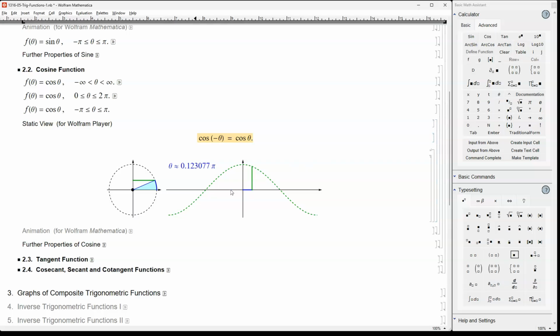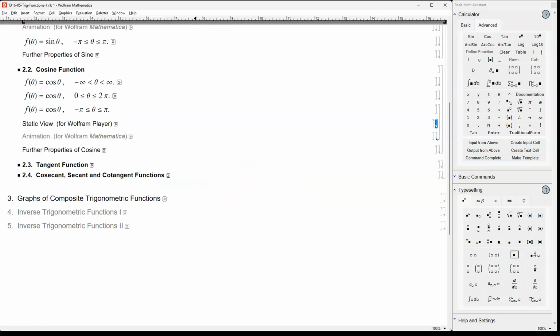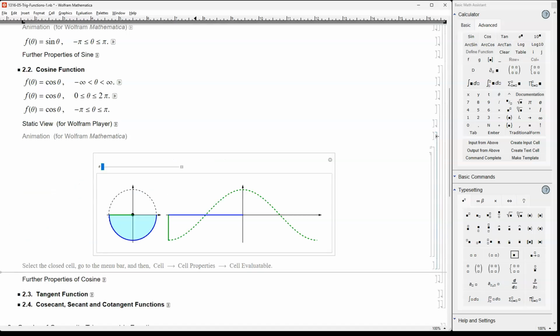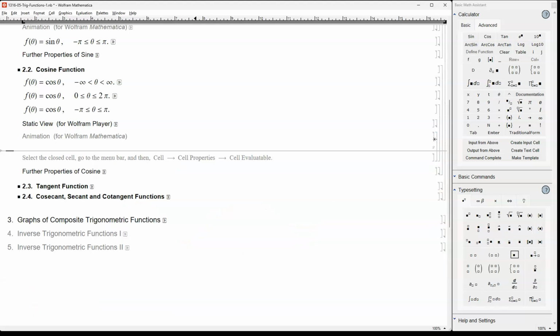If you move to the left, it's exactly the same thing as before, just in the opposite direction. Consequently, we have the symmetry with respect to the y-axis. Here's a visualization, this time from negative pi to positive pi. Same as before, nothing fancy, just the starting phase is different.